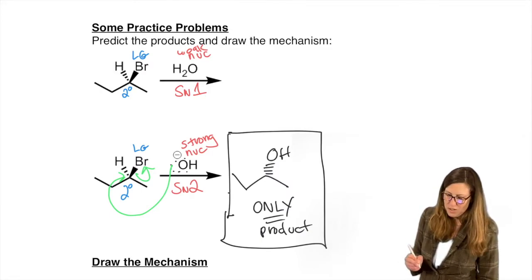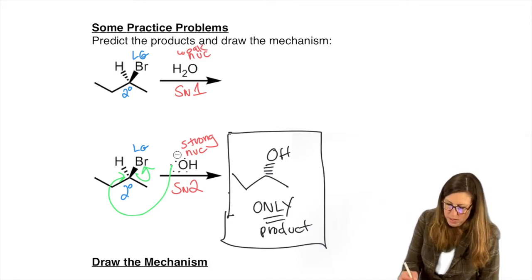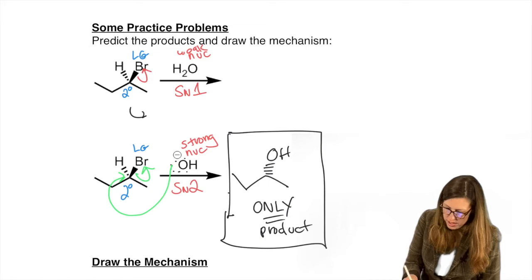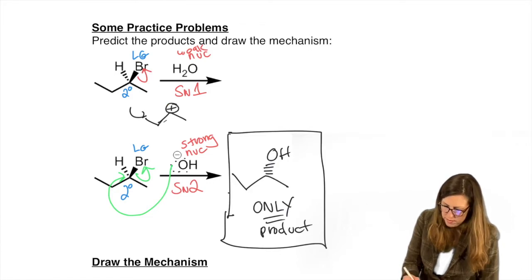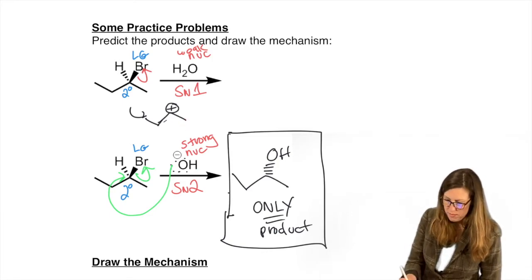All right, what happens with SN1? Well, the mechanism says the leaving group leaves. Now I have a secondary carbocation. I should think about rearranging, but no matter what I do, it's not going to get better than secondary, so I'm going to keep going. Prove that to yourself.